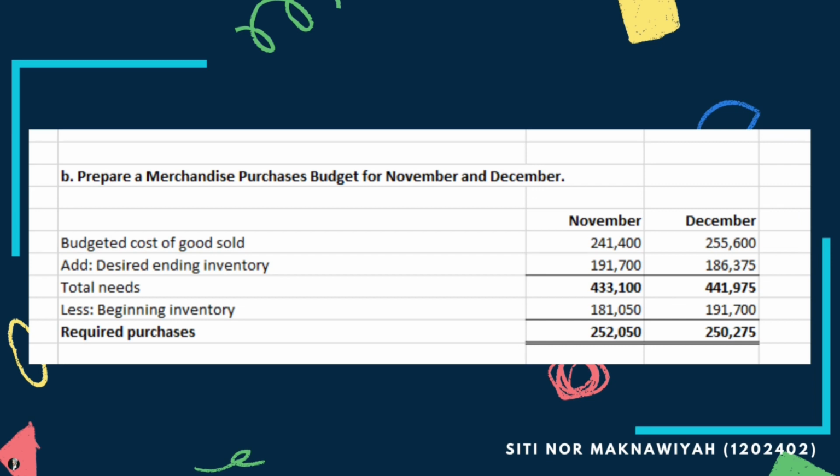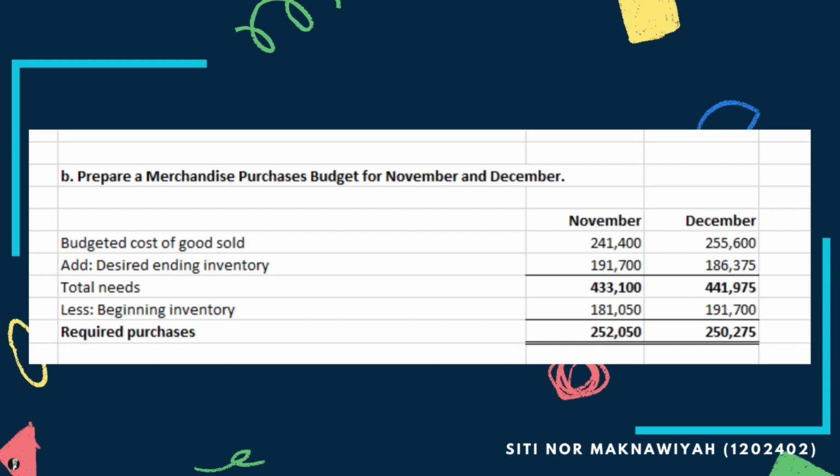Okay, next for question B, which is the merchandise purchases budget. First of all, budgeted cost of goods sold. For both months, November and December, we need to multiply the amount of cash sales of each month with 71%. So we can get the amount of budgeted cost of goods sold. The next step is we need to add the desired ending inventory.